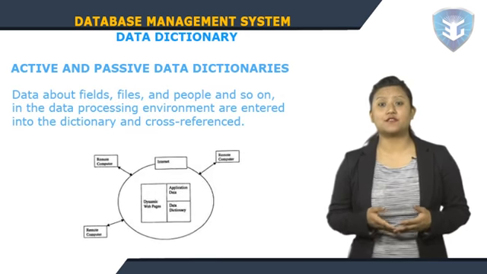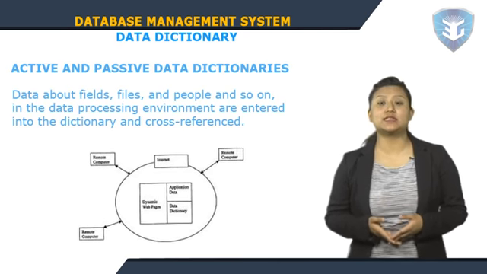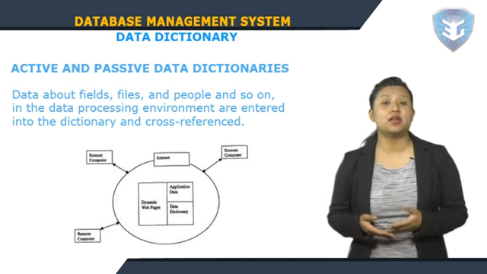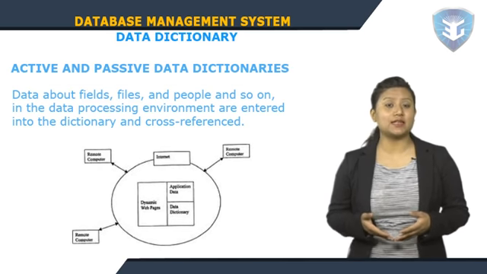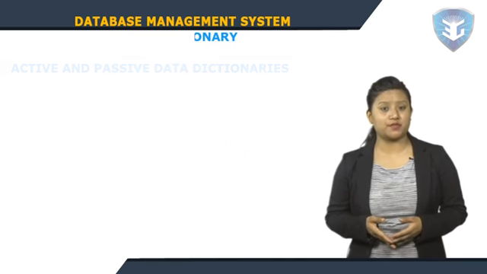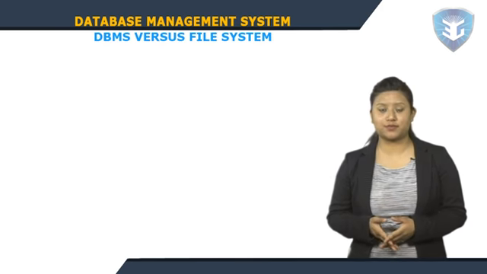Data about fields, files and people and so on in the data processing environment are entered into the dictionary and cross-referenced. Passive dictionary is simply a self-contained application and a set of files used for documenting the data processing environment.